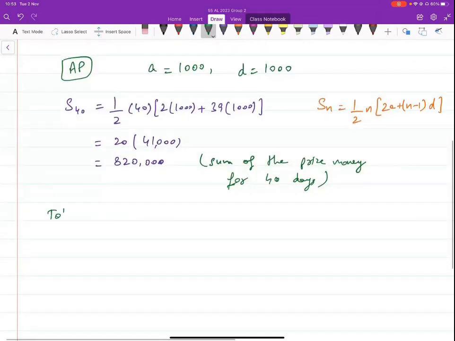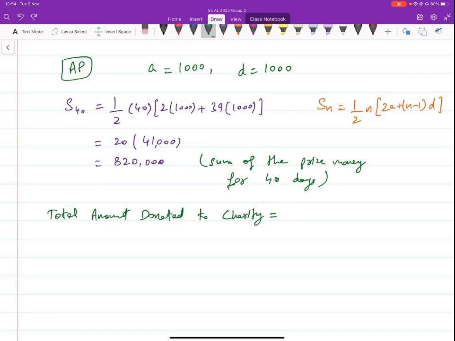We have total amount donated to charity. How would we calculate that? 820,000 ka 5%. So multiplied by 5%, or you can say 5 over 100.